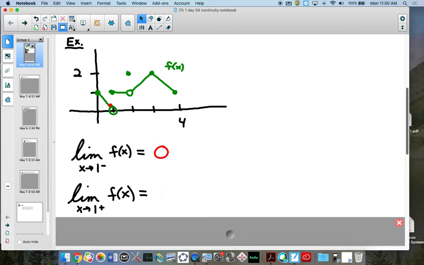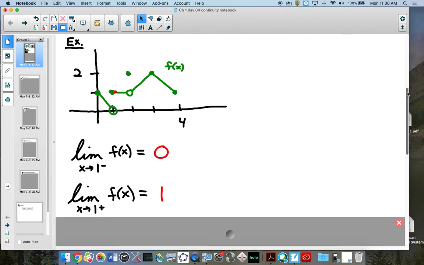Okay, what's the limit as x approaches 1 from the right of this function? So now, we're moving along this way, approaching 1 from the right. And what would that limit be? Well, that's constant, so that limit is just 1.